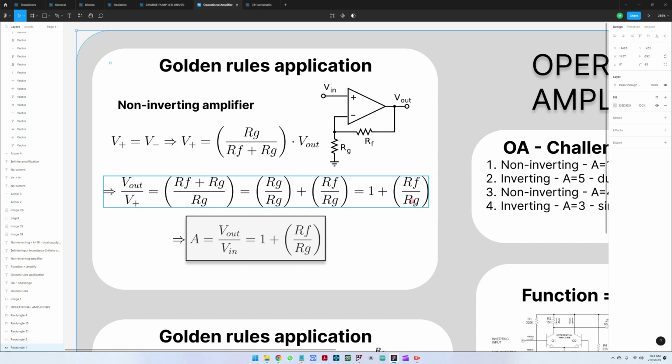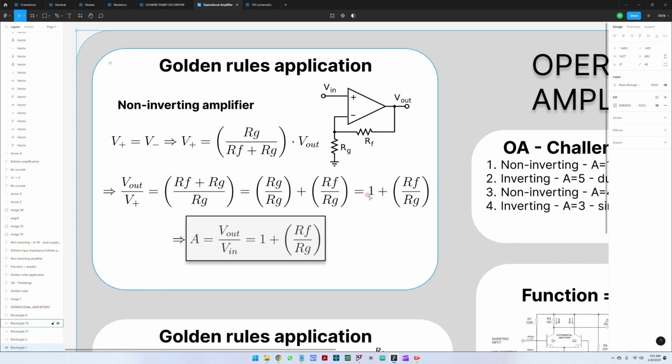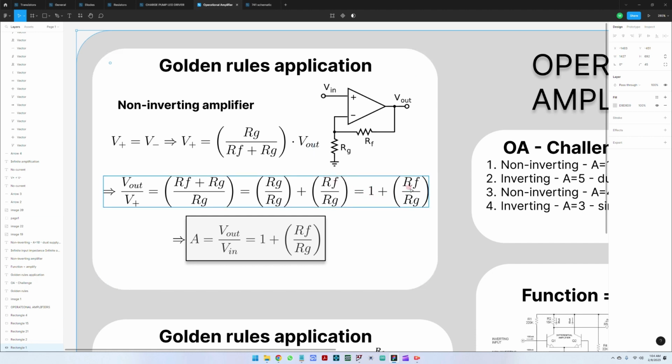So let's take a simple example, because this will clarify a bit the electronics. We want to create an amplifier that has an amplification of, let's say, 7. We want to have times 7 the voltage level on the input. So this is quite easy. We already know, so 7 would be equal to 1 plus Rf divided by Rg.